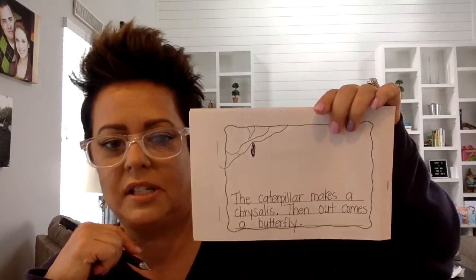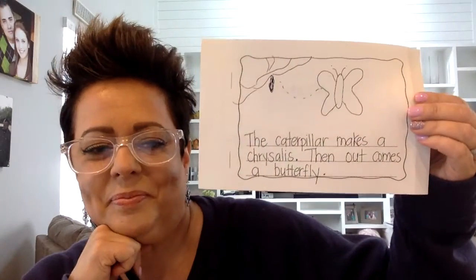So there's the chrysalis hanging from a branch. And then you could make some dots kind of showing that the butterfly has come out of the chrysalis.